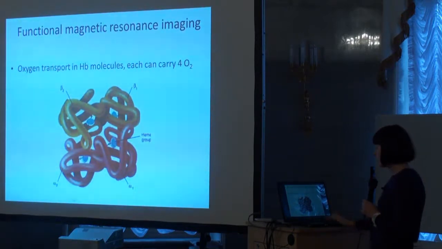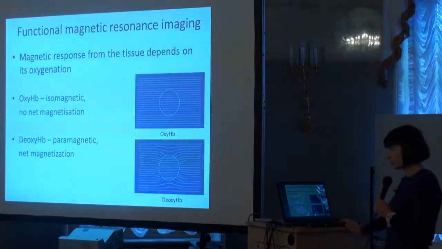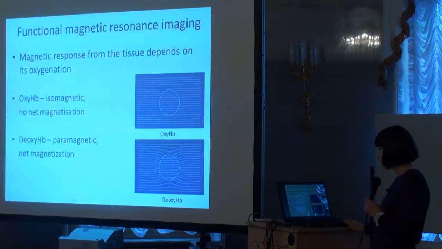One molecule of hemoglobin contains four so-called heme groups. This is ferrum, iron. It can attract oxygen, and this is how oxygen is delivered in the brain and also in other tissues, of course. And the magnetic response detected by the scanner depends on the oxygenation level of the blood supplied to a brain region.